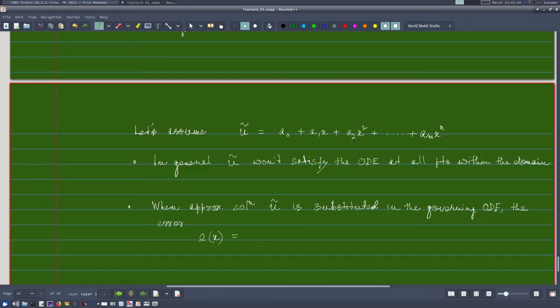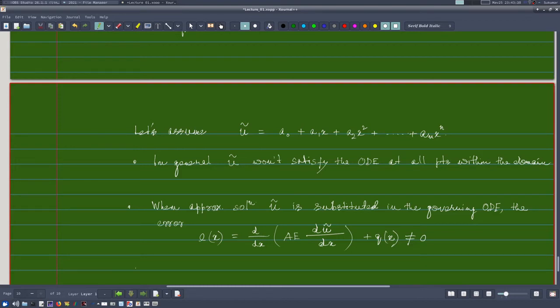So this error will be equal to d/dx of AE du tilde/dx plus q(x), and this obviously will not be 0. Had this been actual u, then my governing equation says that this sum is 0, but since it is the approximate solution, it is not equal to 0.